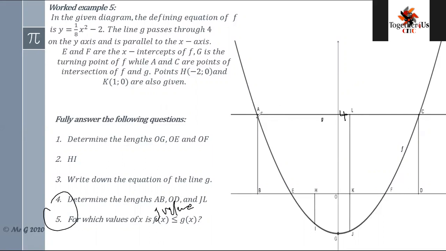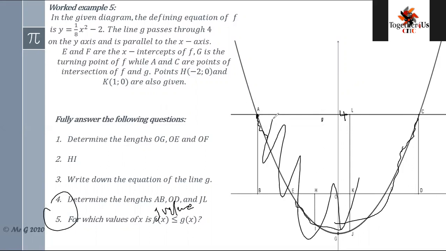from this point downwards, the y values of the parabola are actually less than the y value of the straight line. So between the points A and C, this region here is the one that satisfies this inequality.